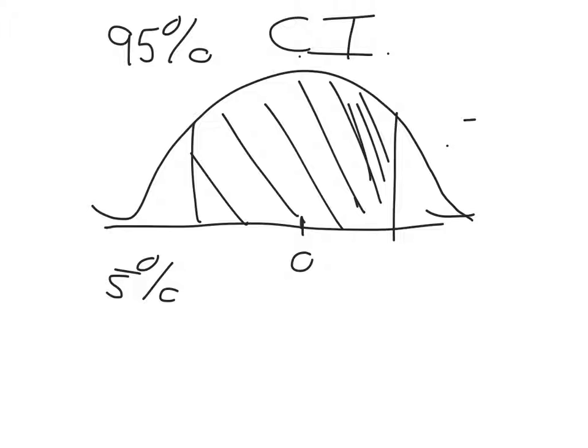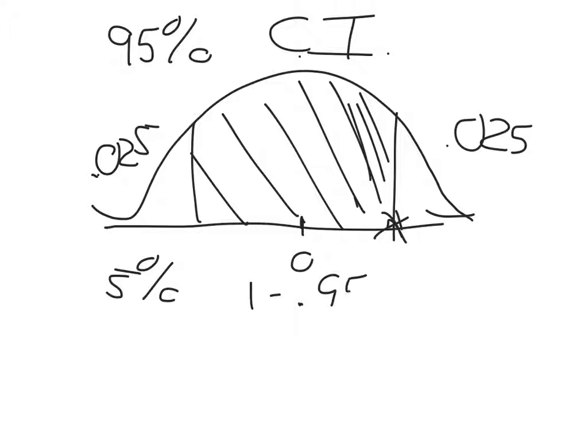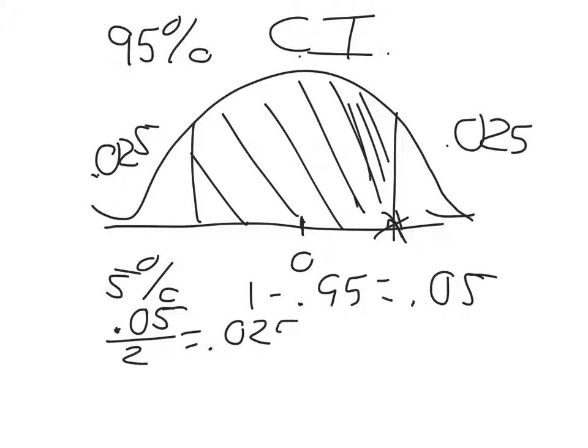So that means I have 0.025 here, and I have 0.025 here. Because I took 1 minus 0.95, and I got 0.05, yes? And then 0.05 over 2 gives me 0.025. Okay.